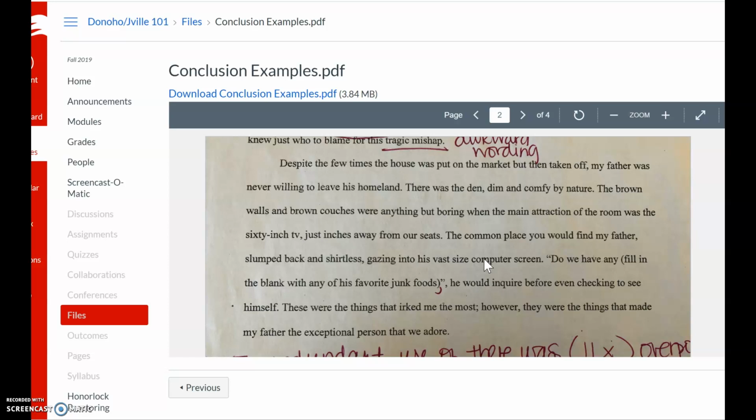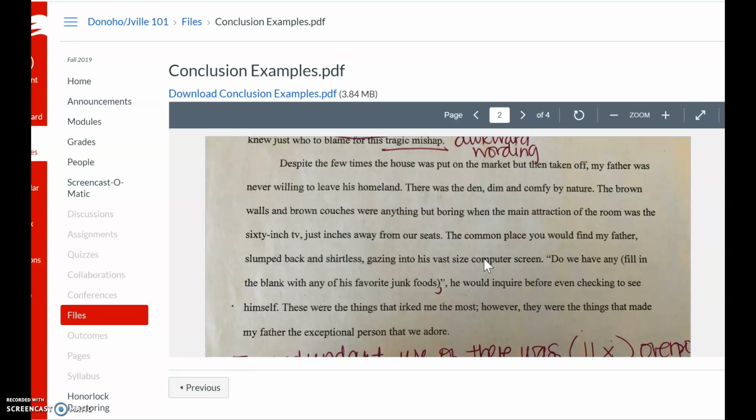The common place you would find my father, slumped back and shirtless, gazing into his vast-sized computer screen. "Do we have any fill in the blank with any of his favorite junk foods?" he would inquire before even checking to see himself. These were the things that irked me the most, however. They were the things that made my father the exceptional person that we adore.